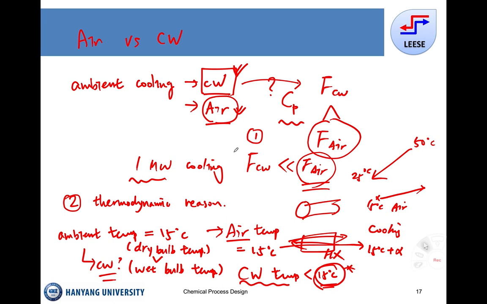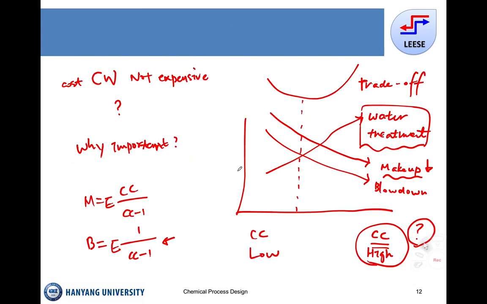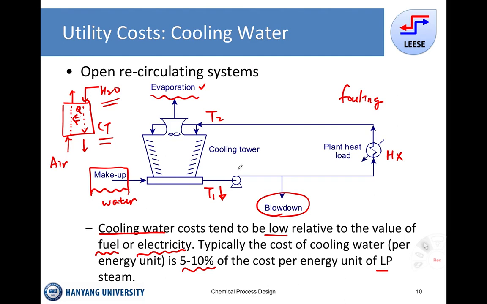But then the question is why we need to use air rather than water. In some cases, air is used. We need a source of water in order to use cooling water. Otherwise we have to use some other cooling source. In our country, Korea, the supply of water is not a big issue.